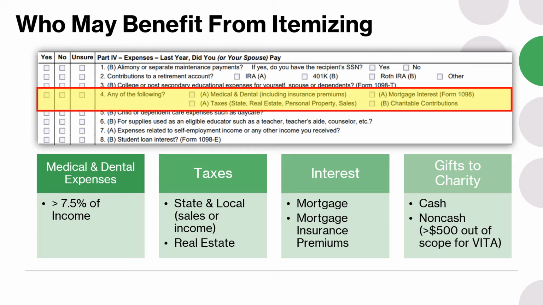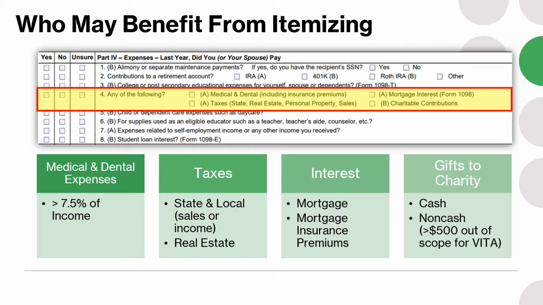So when we have taxpayers coming in with their intake form, under expenses, that's Part 4 of Form 13614-C, there's question 4 here, which asks about certain specific expenses: medical and dental expenses, mortgage interest, taxes, and charitable contributions.